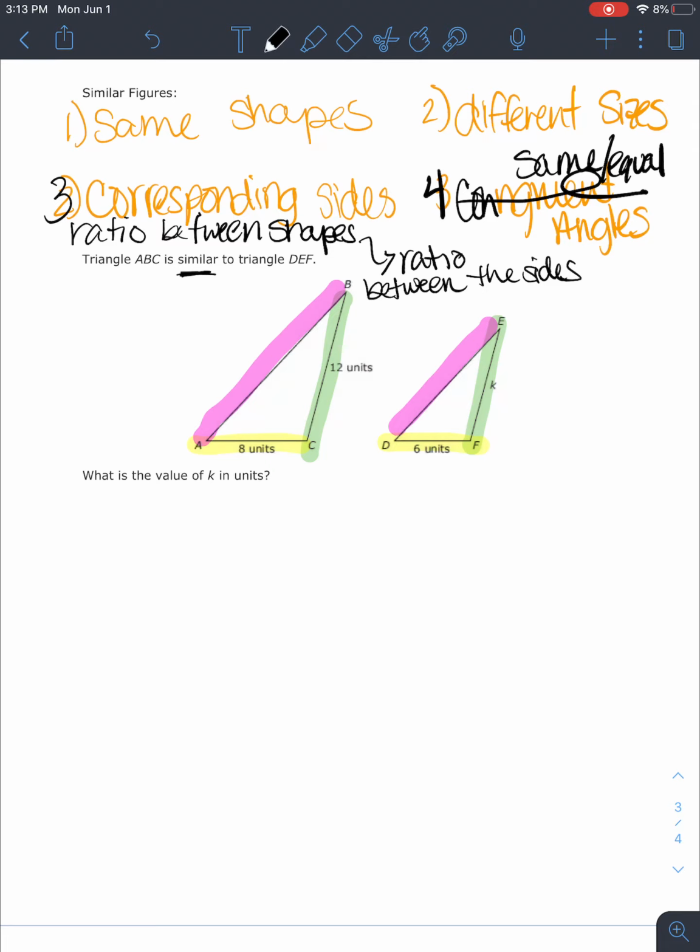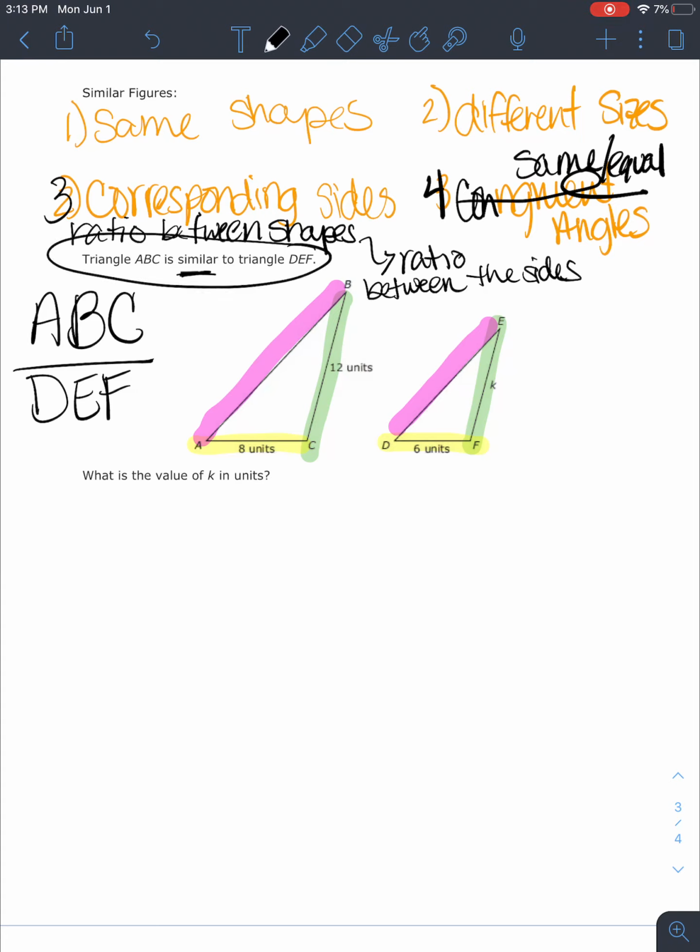So let's start with angles first. One thing that I always have my students do, and I would like for you to do, is to stack the name of your shape. If it gives you the description up there, that's the order that you write it in, and that's how you're matching up sides.